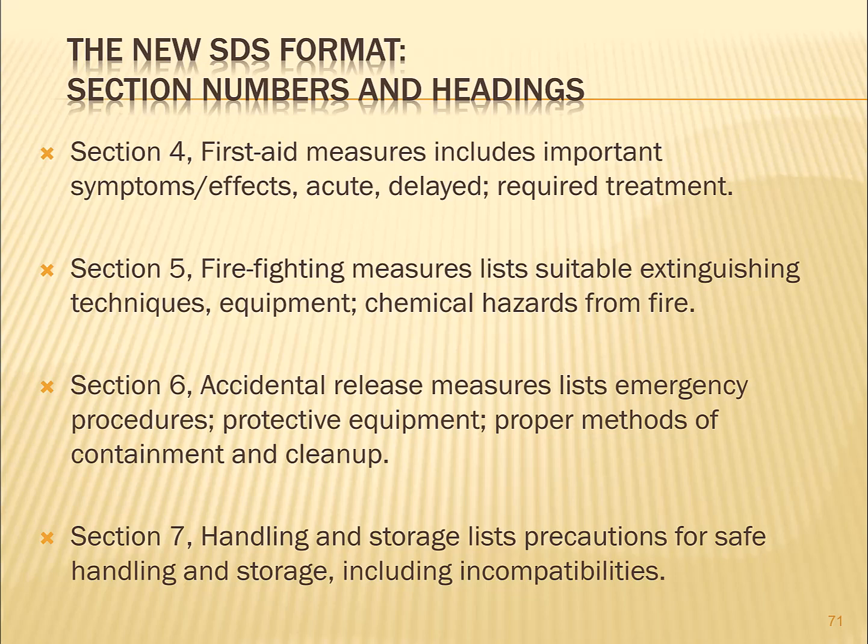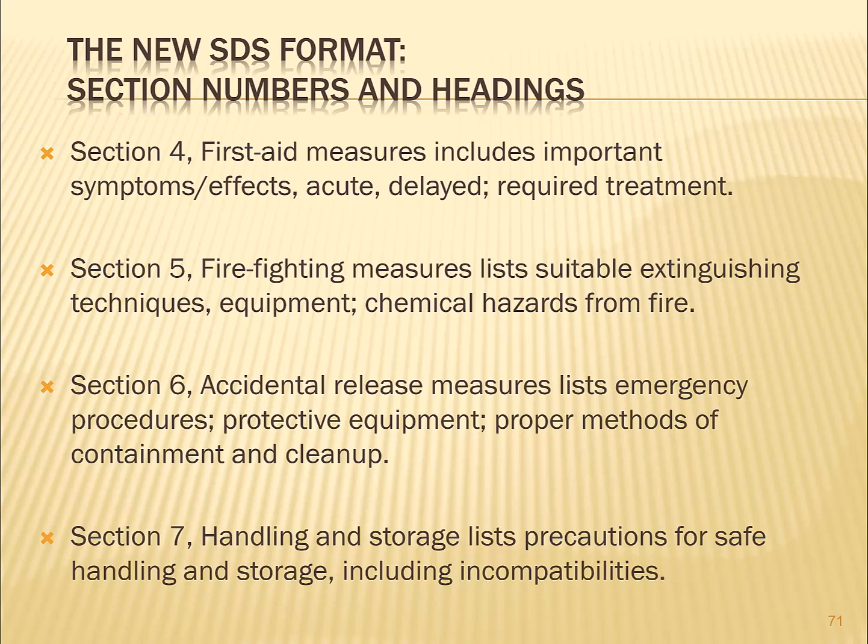So Section 4 is first aid measures. Section 5 deals with firefighting measures. Section 6 deals with accidental release measures and lists emergency procedures and equipment. Section 7 deals with handling and storage precautions and incompatibilities, maybe where something that you shouldn't store it next to and that sort of thing.